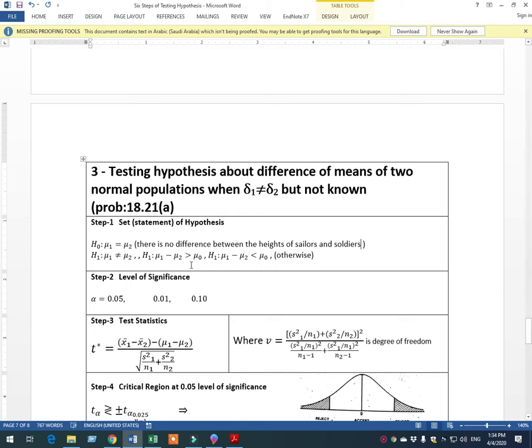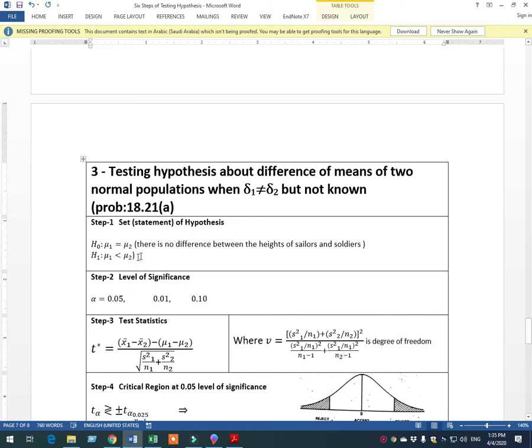So this is our null hypothesis, and the alternative hypothesis says that the soldiers' heights are more than the sailors'. So mu2 would be greater than mu1. I'm just eliminating this one, and here I am putting the sign like that. So this is our alternative hypothesis, that mu2 is more than mu1, or mu1 is less than mu2. That would be the theme I would be taking to the end.